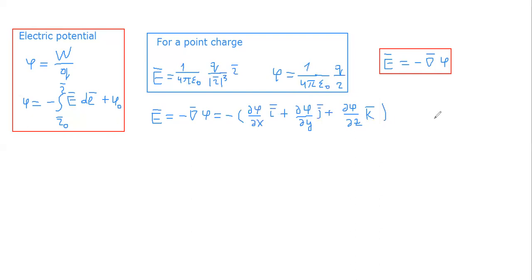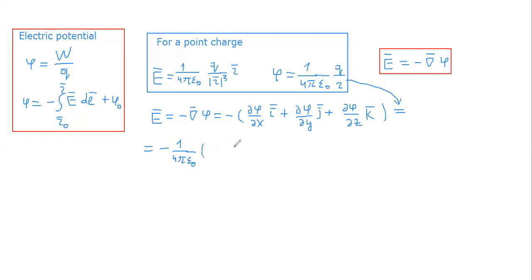And let's substitute. In result, we will obtain minus 1 divided by 4 pi epsilon 0.